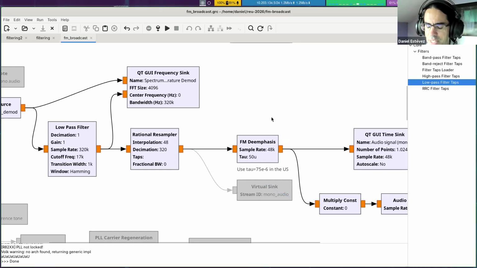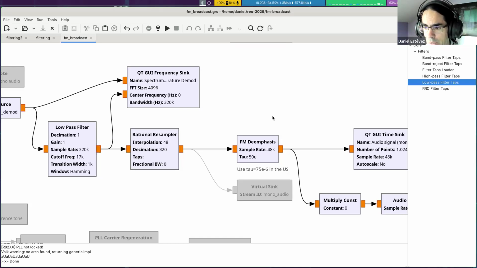The reason we have this is because the effect that noise has on a frequency modulated signal is higher at higher frequencies. So if we don't do anything, then when we listen to the signal, there is a high frequency hissing noise, unless the signal quality is very, very good. You might have even heard that when I played the FM station.